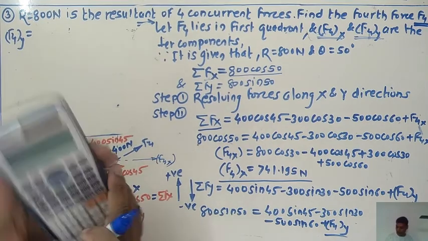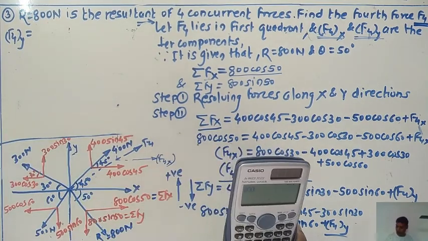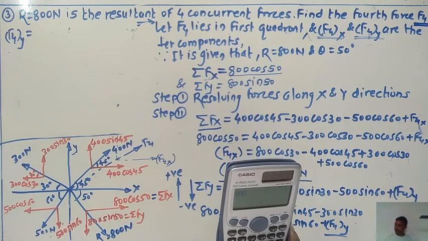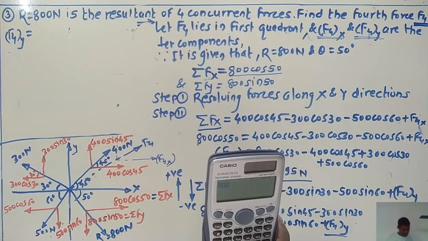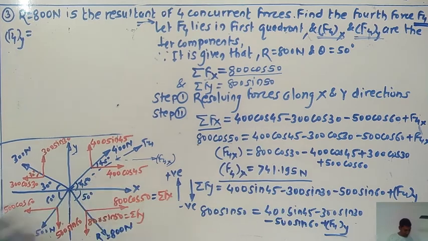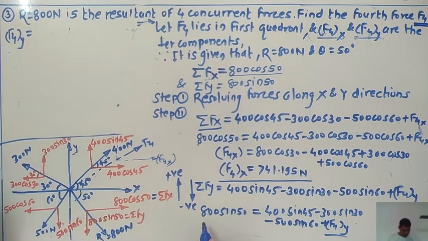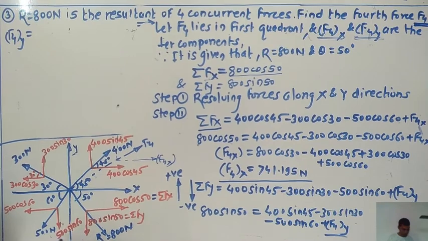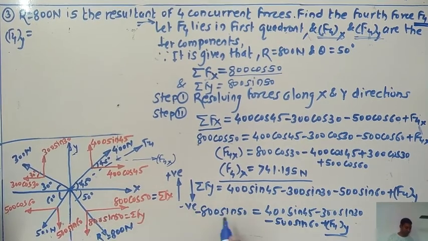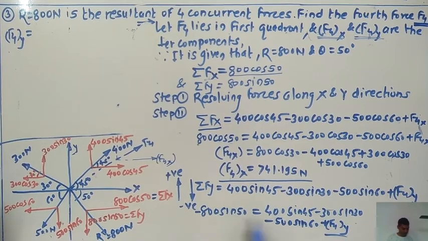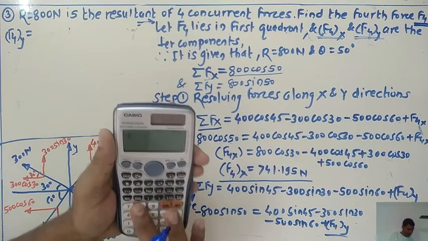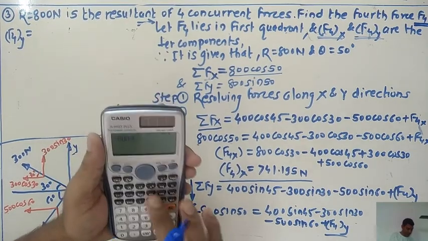Make sure about the answer you are getting. One more important point: the summation of Fy component here is vertically in the downward direction, so don't forget to give the negative sign for this one. Okay, so do the calculations. Here minus 800 multiplied by sine of 50 degree.